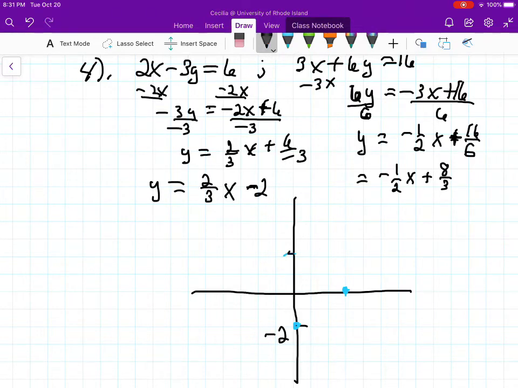Now let's go over to 8/3. 8/3 is a little tricky. Let's put in one more value for our first equation.